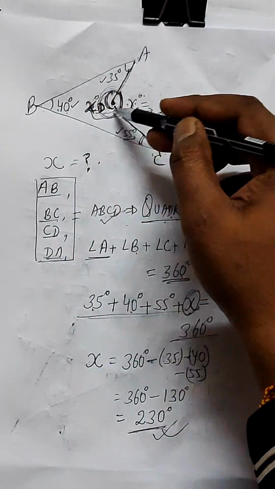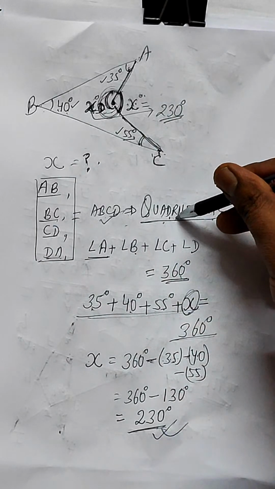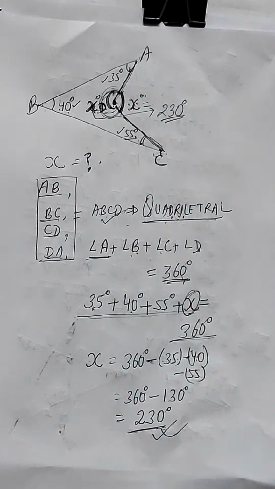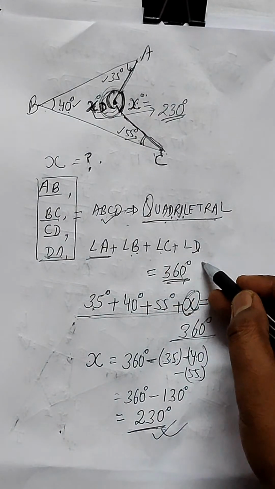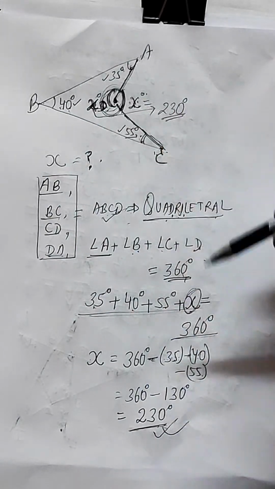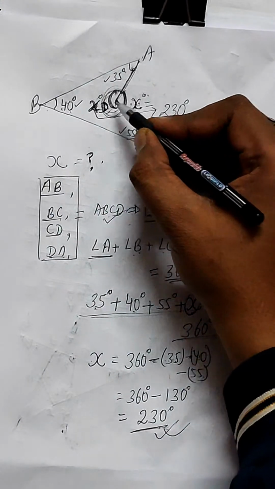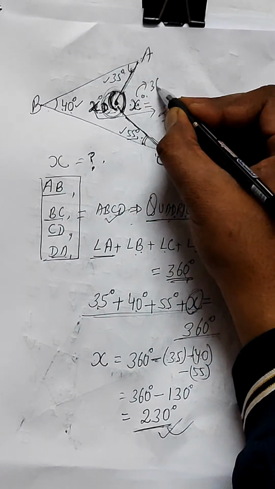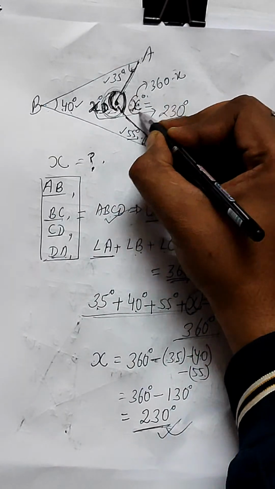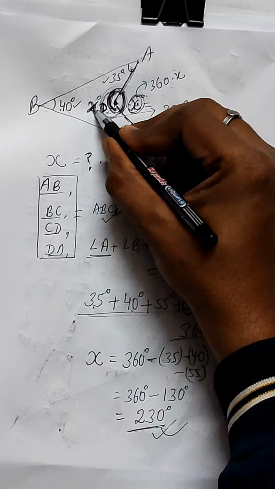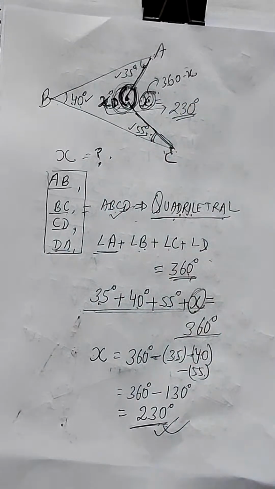Now since ABCD is a quadrilateral, angle A plus B plus C plus D is 360 degrees, so the sum of all these angles is 360 degrees. So this is x, and this is 360 minus x. This is because the full angle is 360, and if this is x, then this angle will be 360 minus x, right?